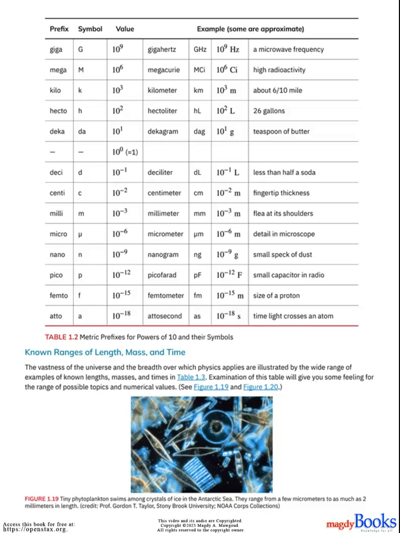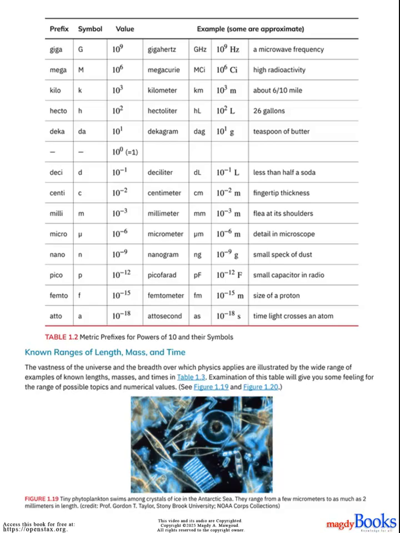Value: 10 to the power of -9. Example: nanogram, ng, 10 to the power of -9 gram. Small speck of dust. Prefix: pico. Symbol: p. Value: 10 to the power of -12. Example: picofarad, pF, 10 to the power of -12 farad.